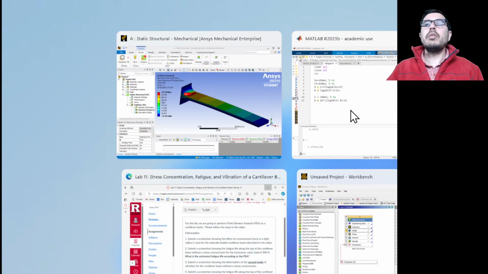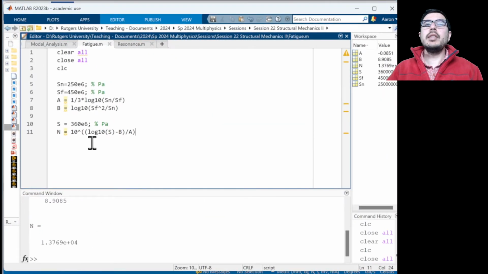So if we come over here, remember we had 14,000. Let me just put in 330. So we drop down to 330, and look, now we're up to 38,000 cycles. Just going from 360 megapascals to 330 megapascals. And if we go up to 370, we go from 14,000 cycles now to about 10,000 cycles.